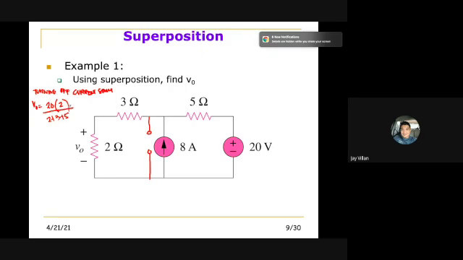Okay, the sum of the resistors connected in series. So this is equal to 40 divided by 5. Okay, and that is equal to 8 volts. Okay, 8 volts.